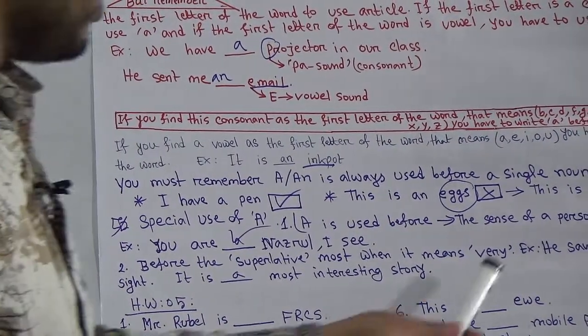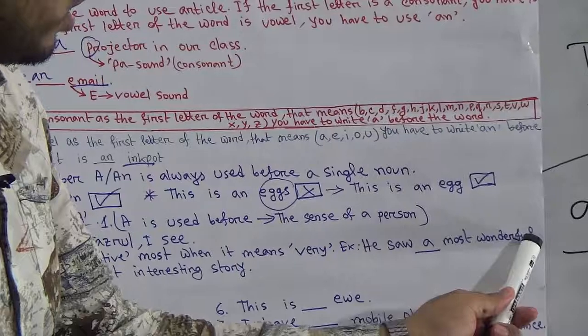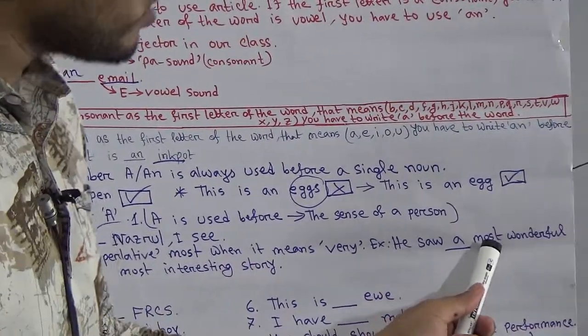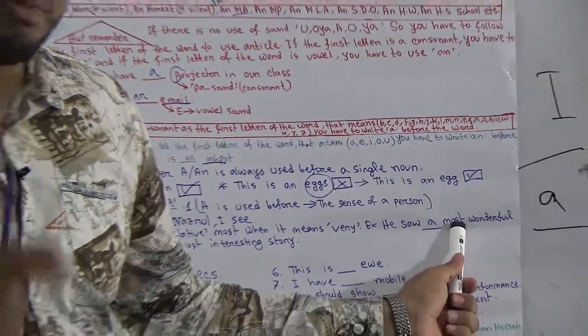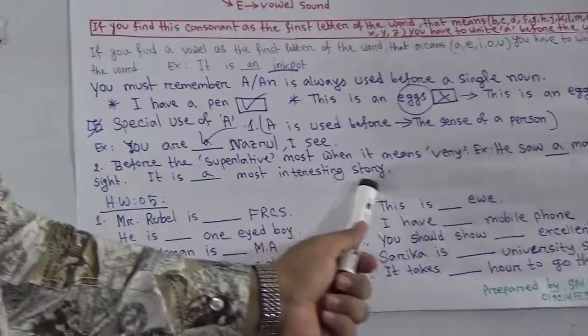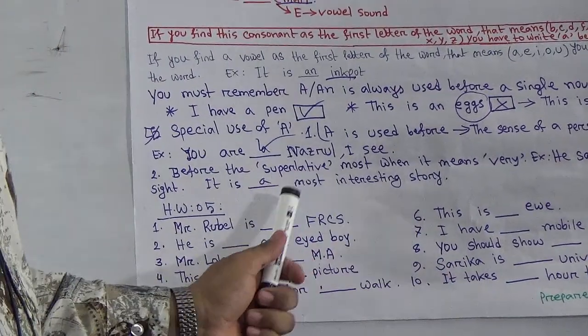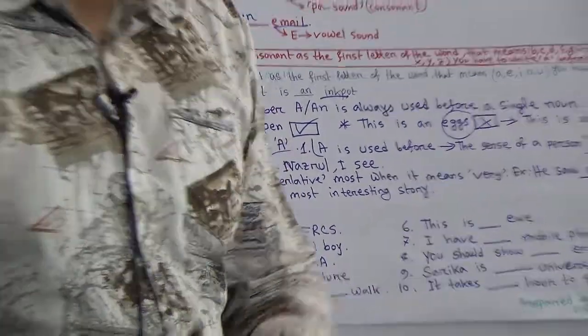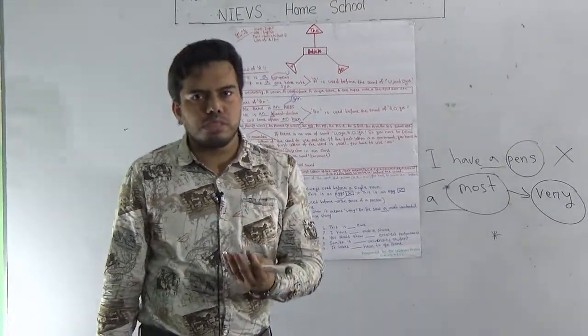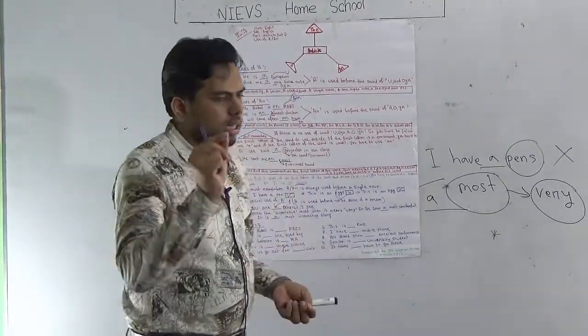Again another example, he saw a most wonderful sight. Here most means very. He saw a very wonderful sight. It's a most interesting story, here most means it's a very interesting story. So whenever most indicates very meaning, then you should use before this most article a.